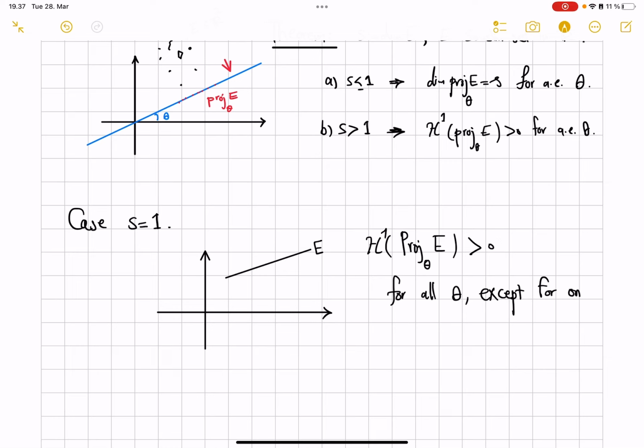And that is when you choose the direction perpendicular to E. So when you project onto that, you just see a single point. Any perturbation of that, any epsilon change from that direction, will see a positive measure shadow.